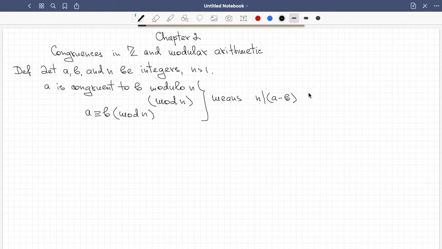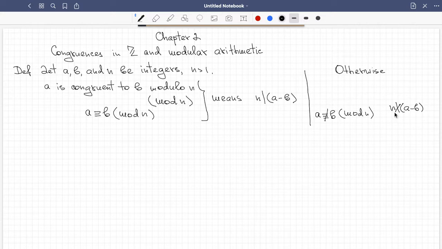Of course, when n does not divide the difference a minus b, we say that a is not congruent to b mod n.